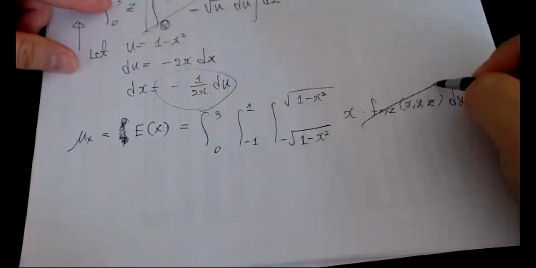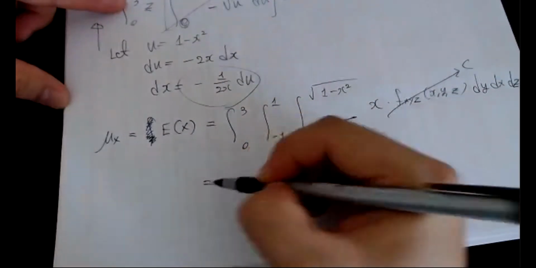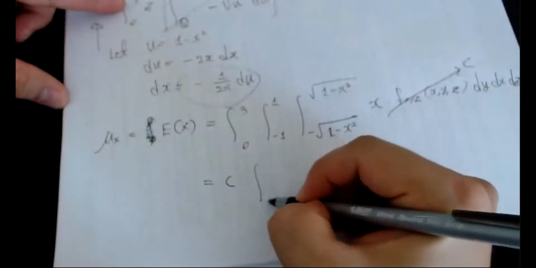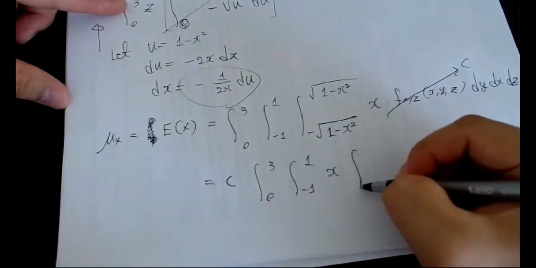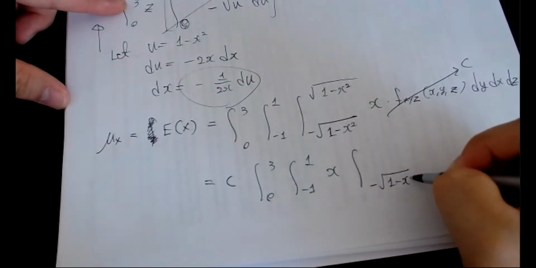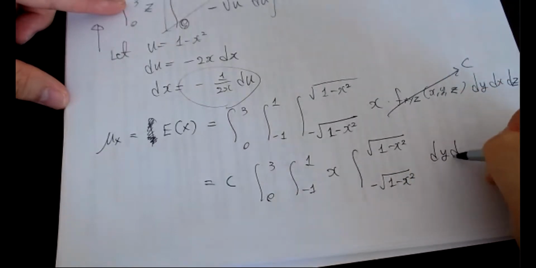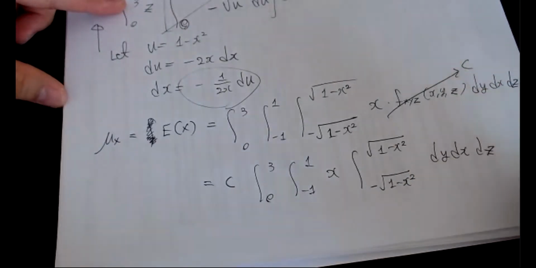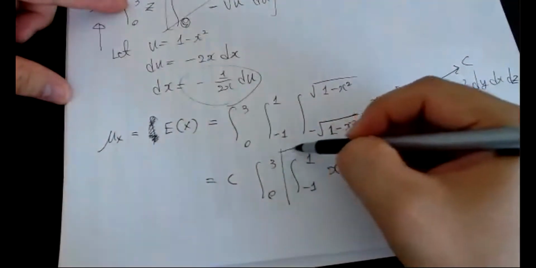But that's the c, right? So that is equal to c times the integral from 0 to 3, and then negative 1 to 1, and the x times, so now negative square root 1 minus x squared to the square root 1 minus x squared, and then dy dx dz.